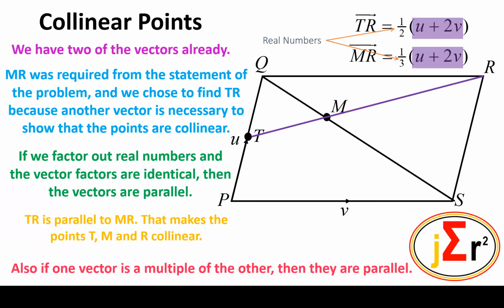So, having two vectors existing in such a way that when we take out factors, we have identical vectors here. That's one way. And if we can show that one vector is a multiple of the other, then they are parallel. As a matter of fact, because we can take out real number factors and they are identical, we are sure from here that one is a multiple of the other.